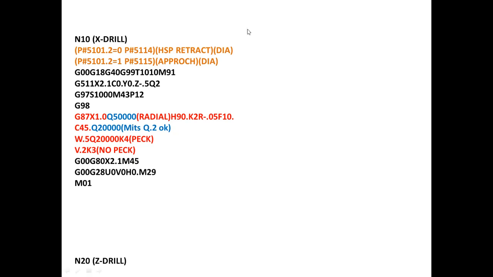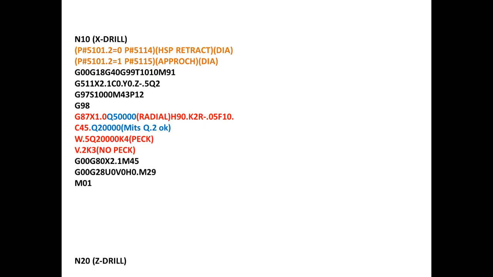There are two parameters. The first one is parameter number 5101, bit 2, equals 0 or equals 1. Equals 0 if you turn it off. That's a high-speed X-axis drilling cycle, which means your drill goes down and retracts, not coming out of the part.